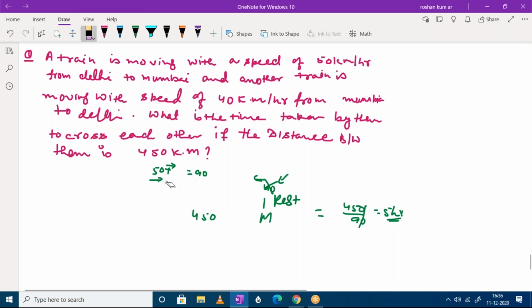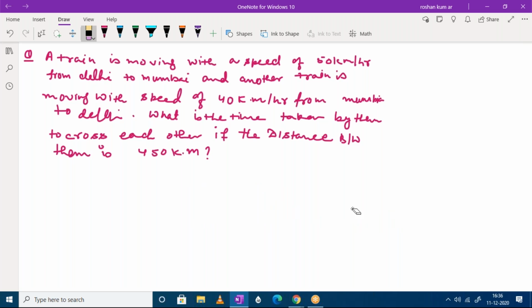Perfect. So if you guys have understood this, let me tell you very clearly how you can get the complexity added to this. If you have understood the scenario, both trains are starting at the same time, right? How can I make this question difficult? I can make this question difficult by adding one more piece of information here.